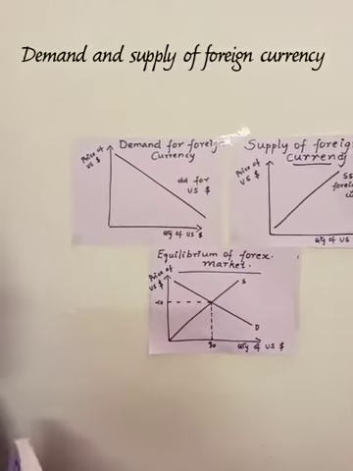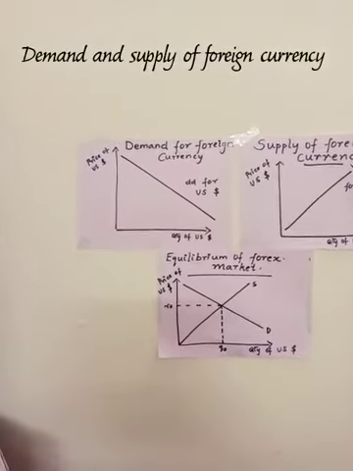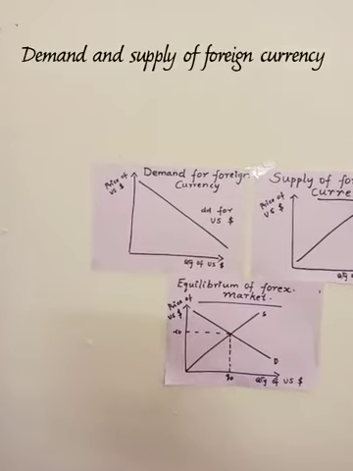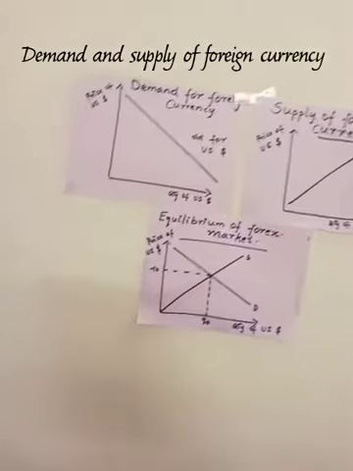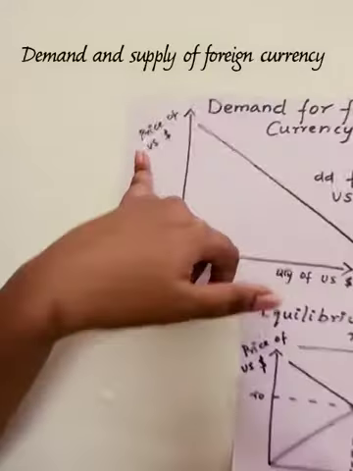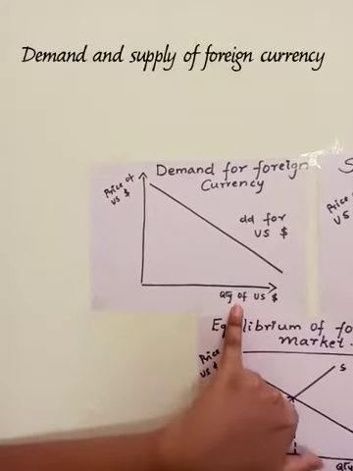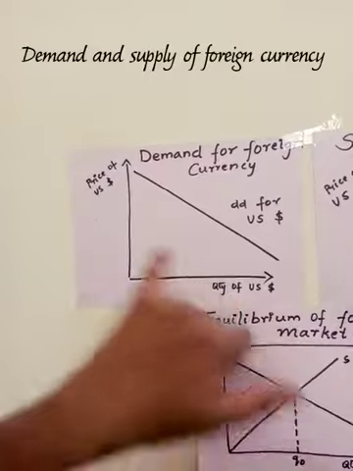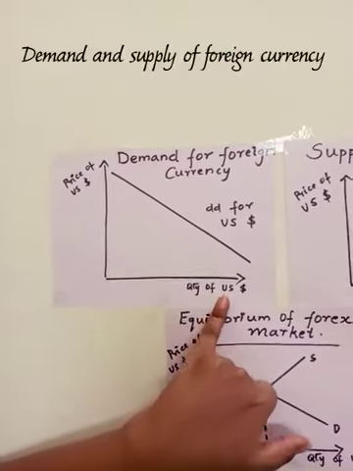That means here we have taken the example of US dollar as the foreign currency. So price of the US dollar is the rate of interest or the exchange rate, and quantity of US dollar is the quantity at that particular rate of interest that is traded.